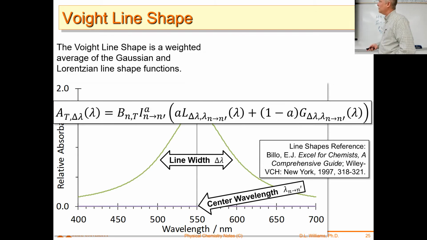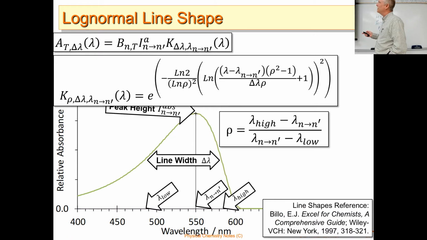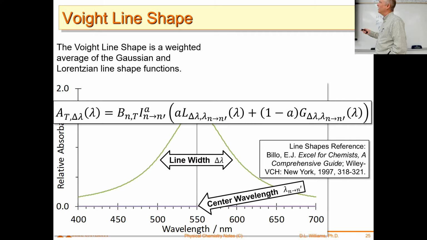And so then we have the Voigt, which is a combination of the Gaussian and the Lorentzian. So it's sort of a percentage, like maybe 50% of each, or 20/80. This is when you're doing an experiment that's pretty high resolution and you start to see big feet on your peaks. The Lorentzian line shape is more related to nature.